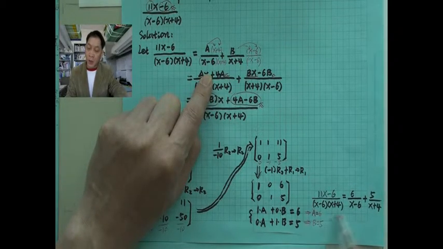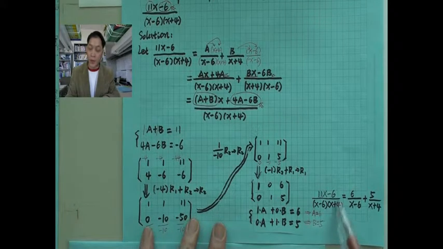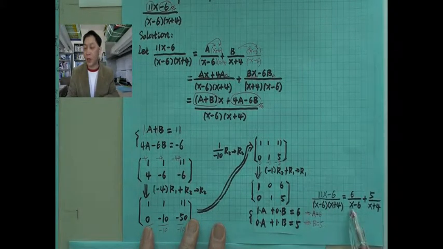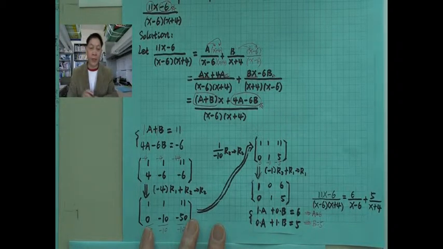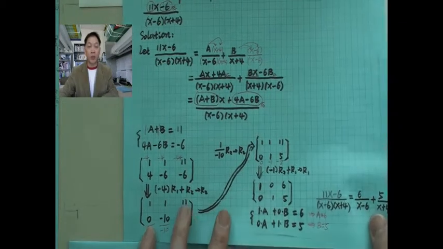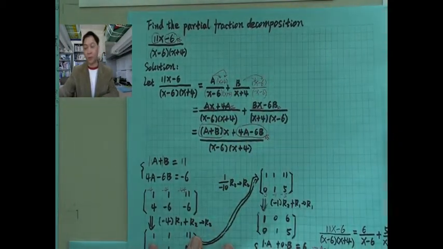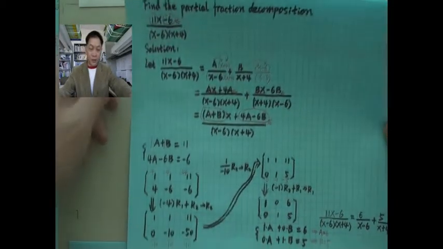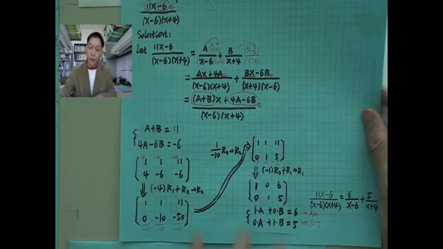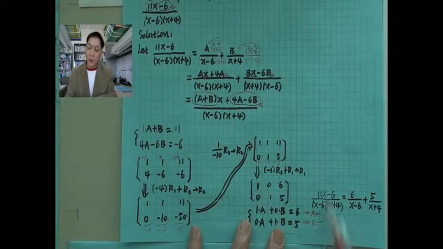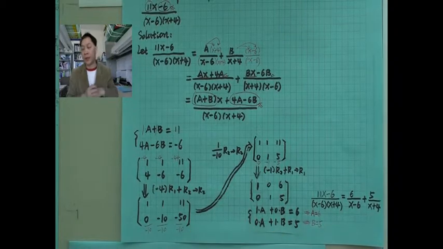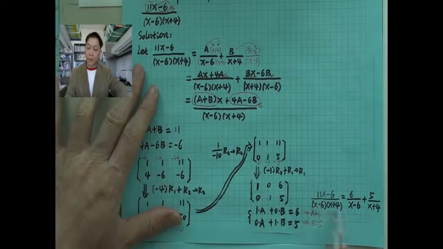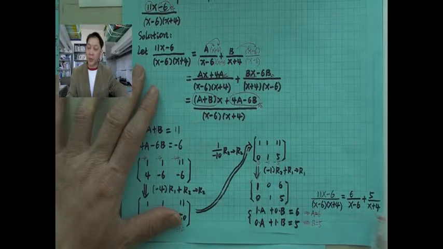And then we know this rational expression is the sum of those two rational fractions. That's the partial fraction decomposition. The reason we are doing so is that in calculus, when you are going to find the integral of this one, you need to find the integral of each of these fractions, so it needs to be decomposed as the sum of these two.